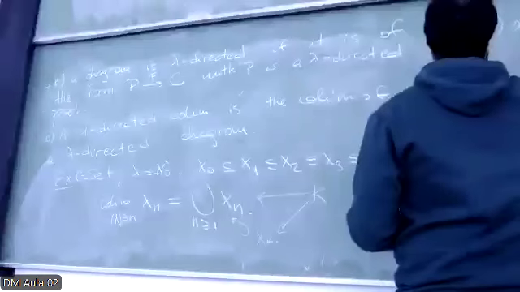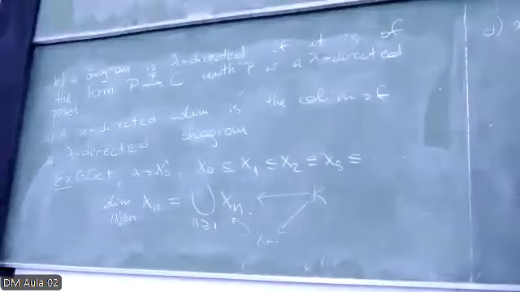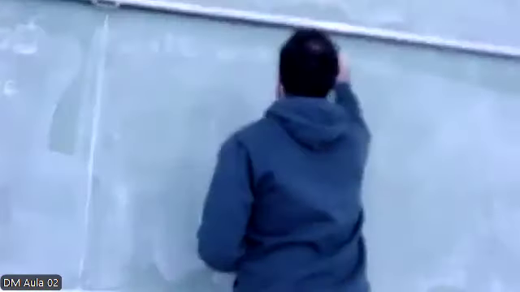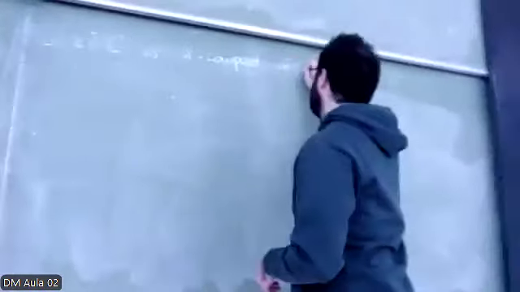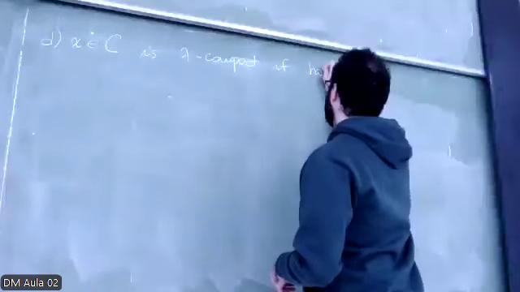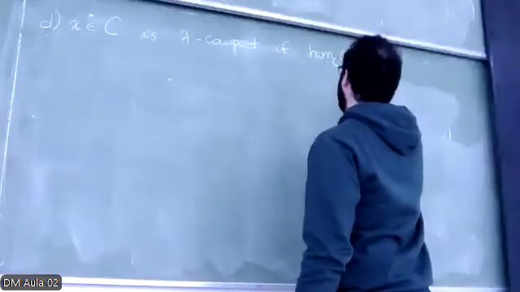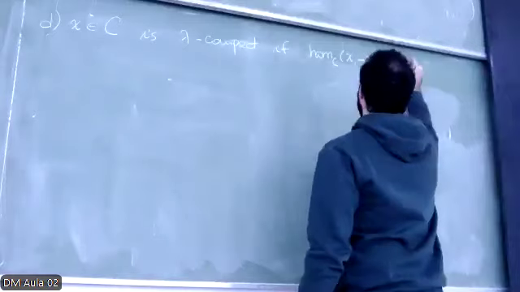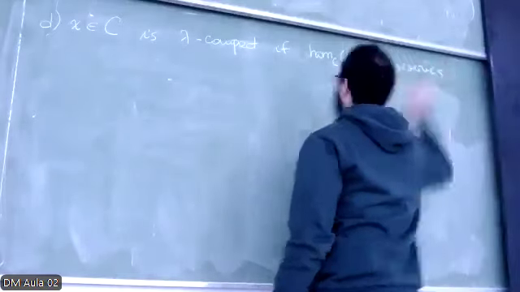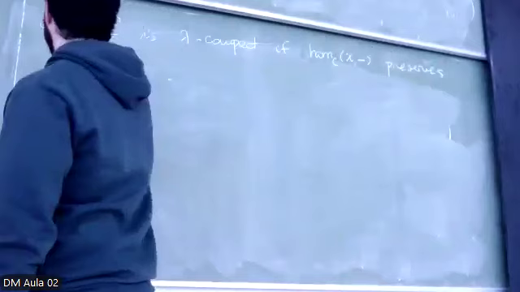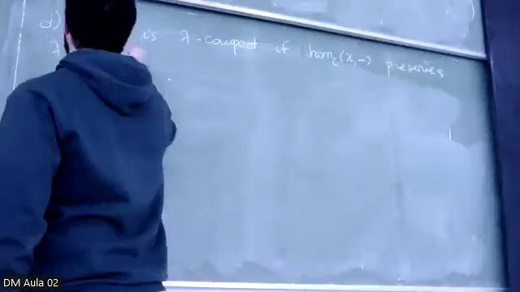So we'll say that X in a category C is lambda compact if hom from X preserves lambda directed colimits.